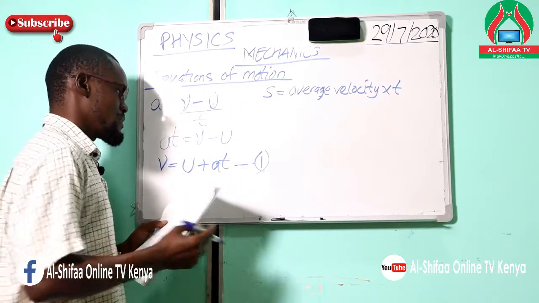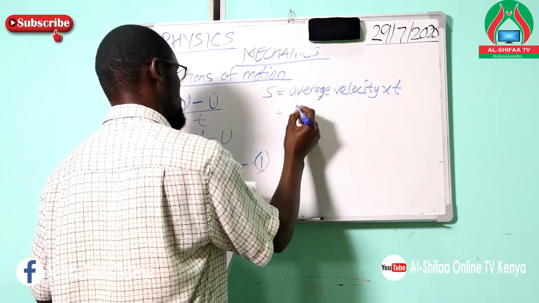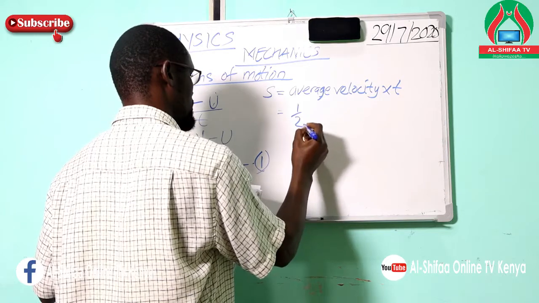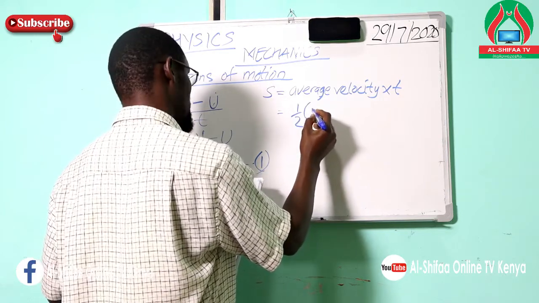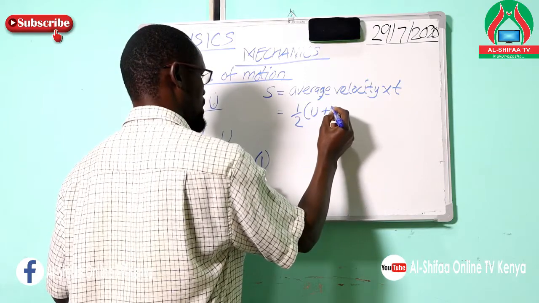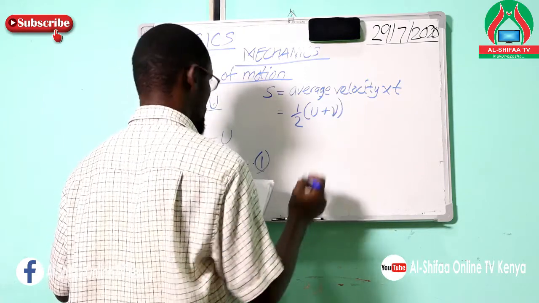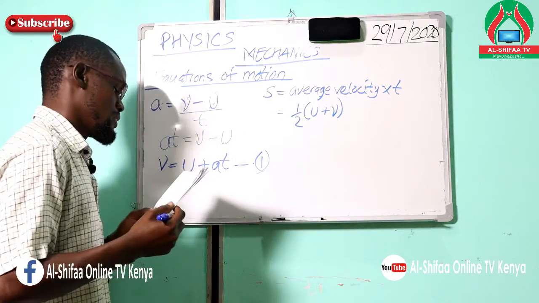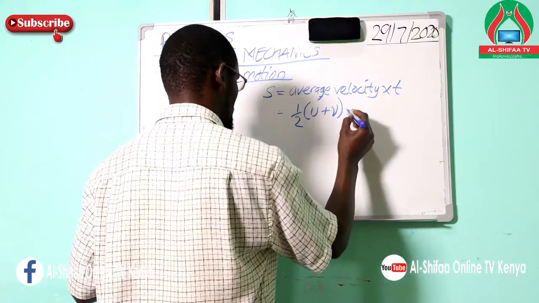So average velocity, we take that it will be a half multiplied by initial velocity plus final velocity, times time.